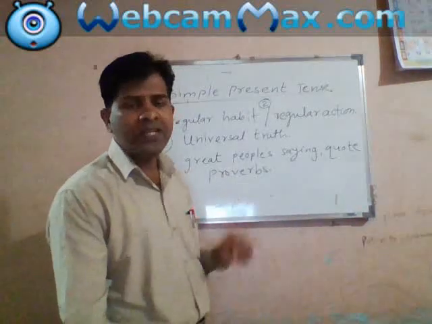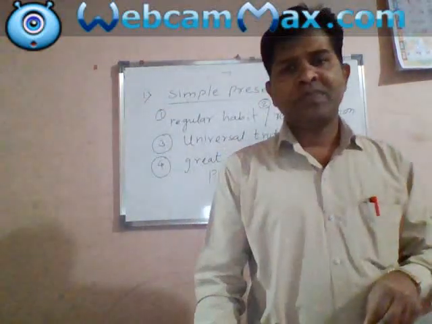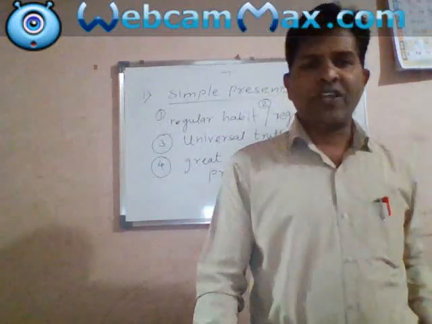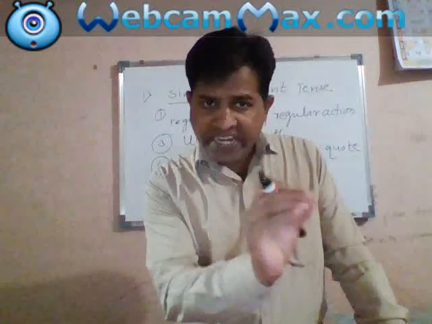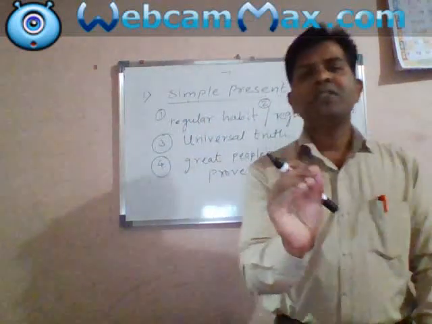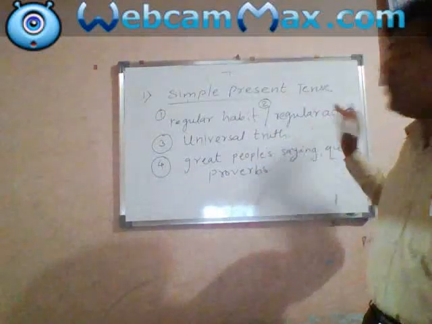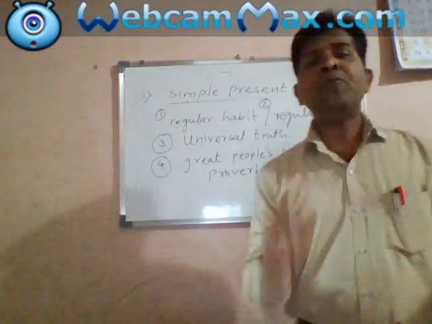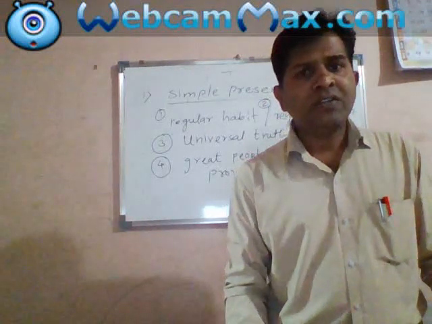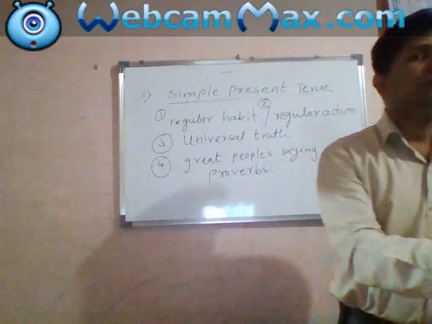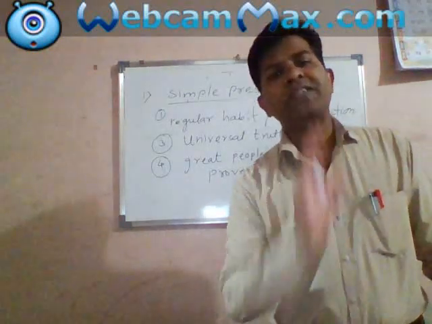For example, suppose we wake up at 6 o'clock. Every day I get up at 6 o'clock. Here, get up is simple present tense. Regular action. If we take exercise regularly, then it must be said in simple present tense.